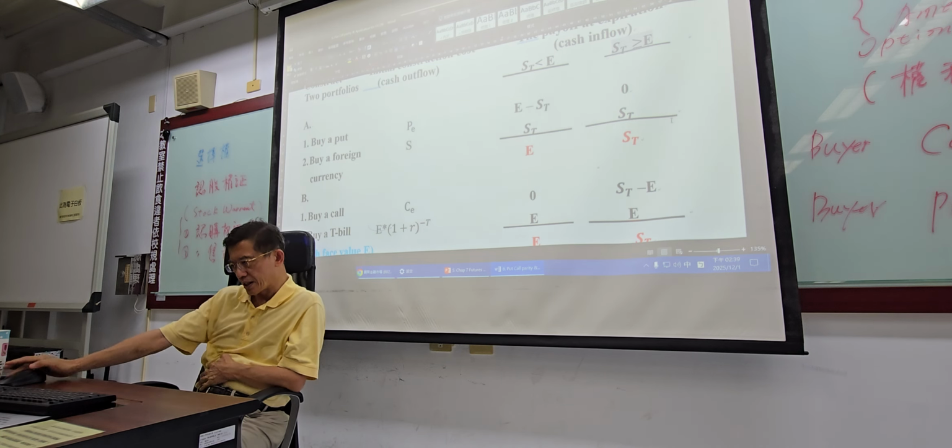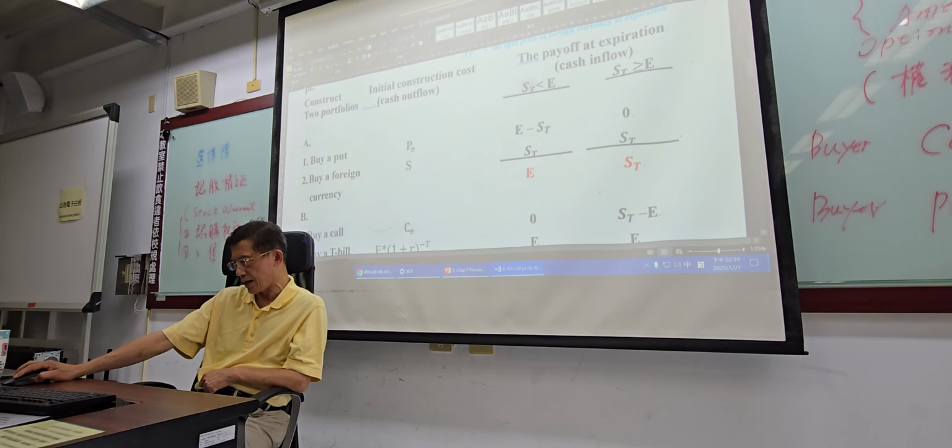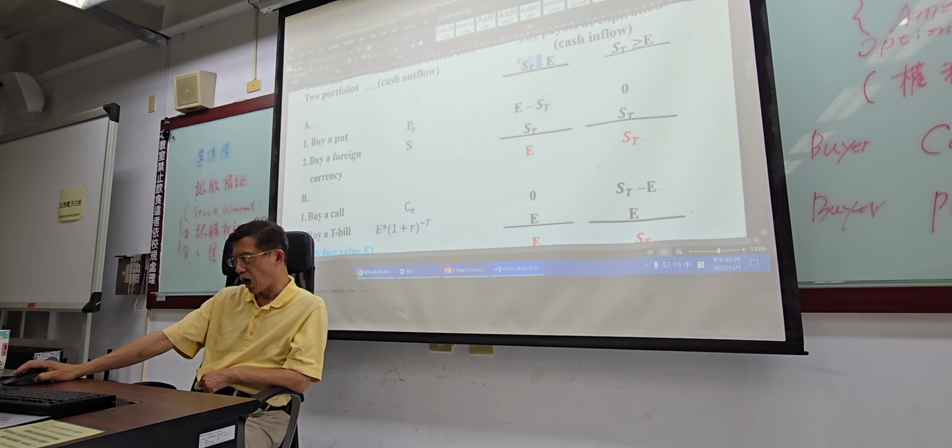What about portfolio B? We check portfolio B, where you buy the call as your first component. In the first situation at expiration, S sub T lower than capital E, your call option will be worth nothing.